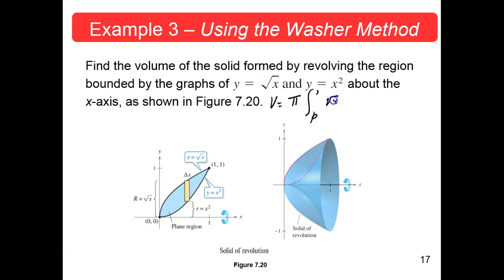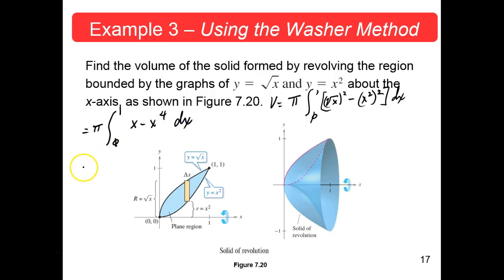The square root of x, squared, minus x squared, times dx. Okay? So this will be pi times the integral from 0 to 1 of x minus x to the 4th dx.